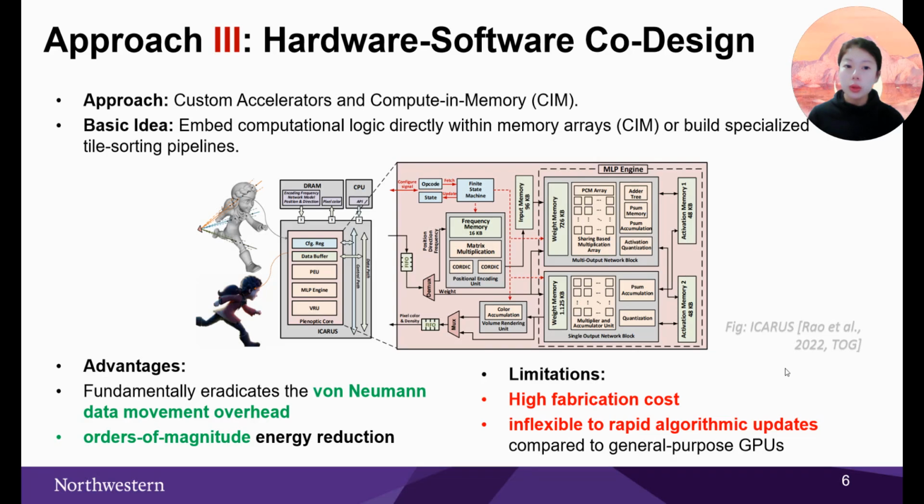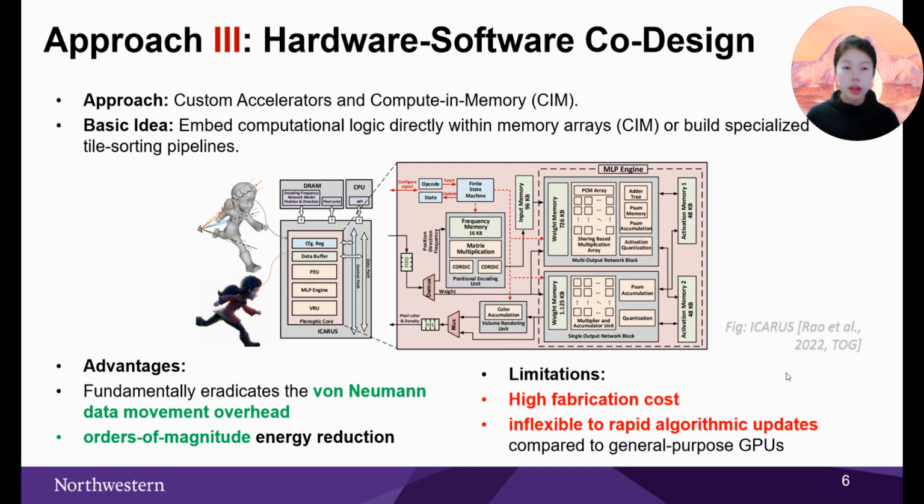One example is the Icarus architecture, which separates point sampling and neural evaluation into specialized hardware pipelines. This design allows the system to process these tasks asynchronously, improving the throughput. An even more radical idea is compute in memory, or CIM.